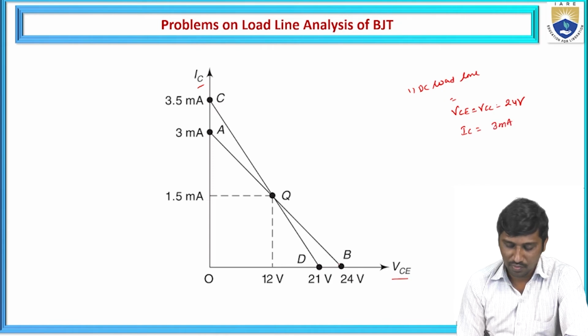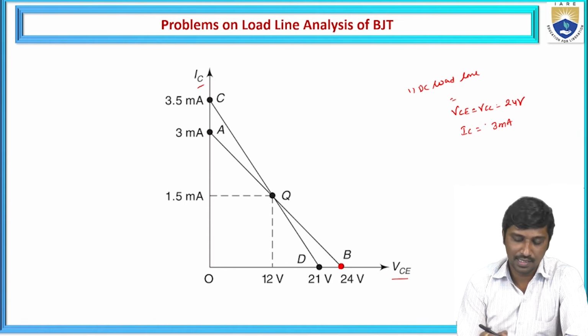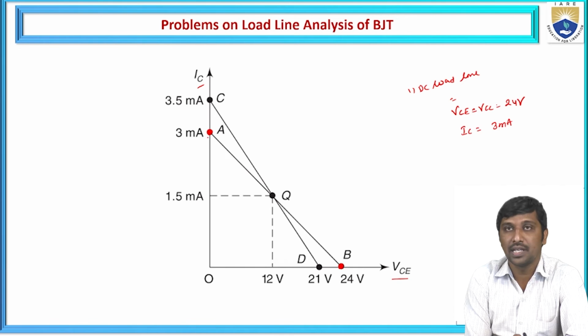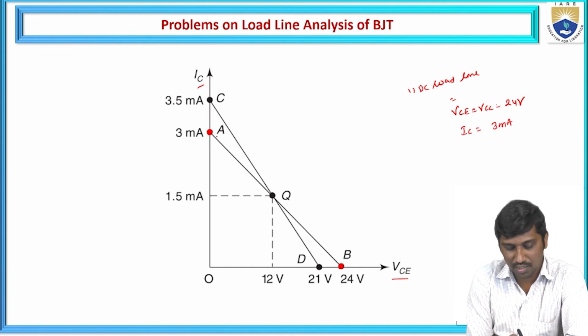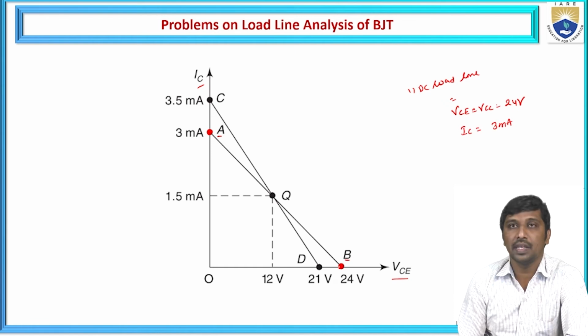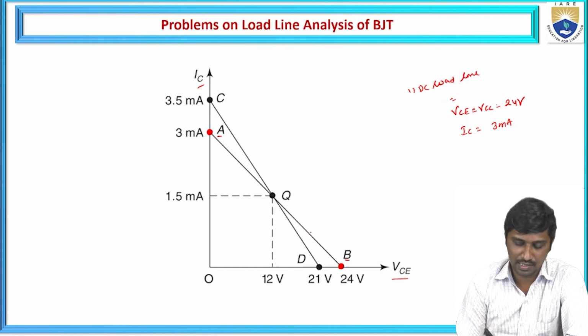So first I represent 24 volts and IC as 3 milliamperes. By intersecting these two, meaning 3 milliamperes and 24 volts, I represent the points as A and B. The line joining node A and node B acts as the DC load line here.